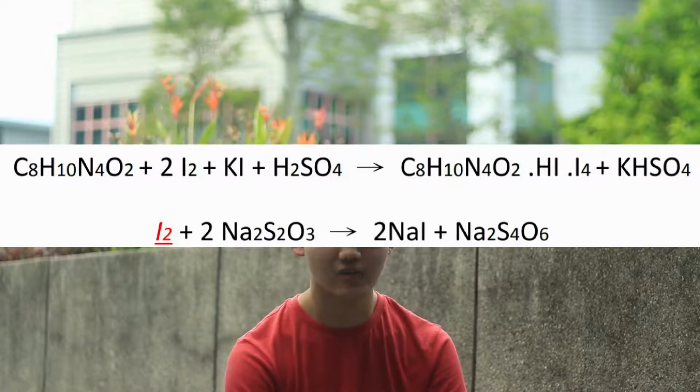Another method is iodometric back titration, in which the principle is that caffeine reacts with an excess, accurately known amount of iodine in an acidic environment, forming an insoluble precipitate. Then it is removed by filtration. By titration with sodium thiosulfate solution with starch solution as indicator, the amount of caffeine can be found and identified.